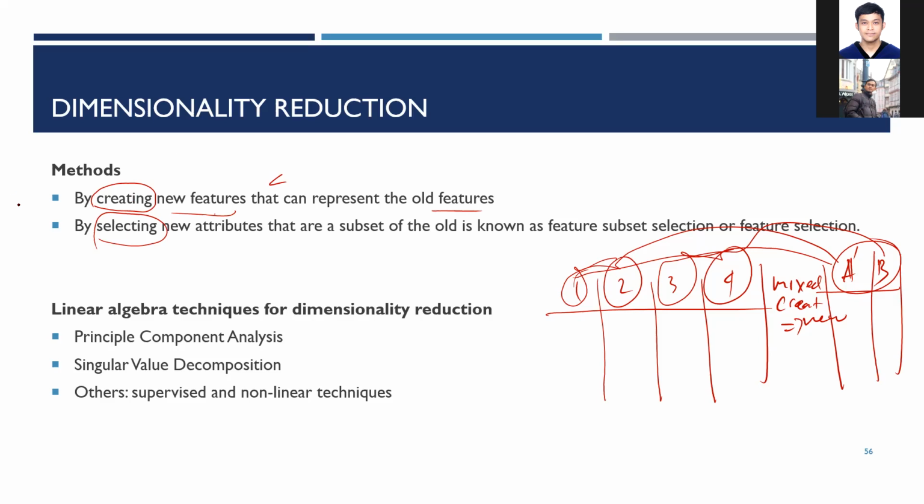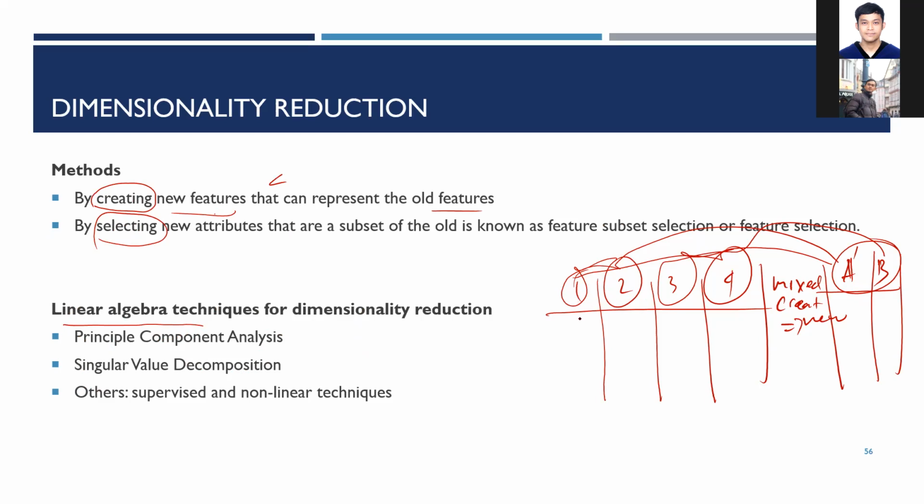For creating, for example, we can use principal component analysis or singular value decomposition. Basically, these algorithms are developed based on linear algebra techniques. These are creating new features. How is selecting? In selecting, we simply select among all features.